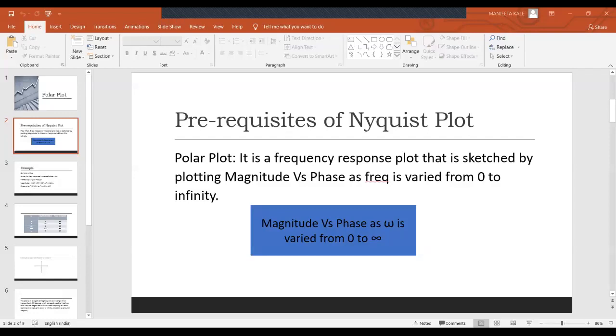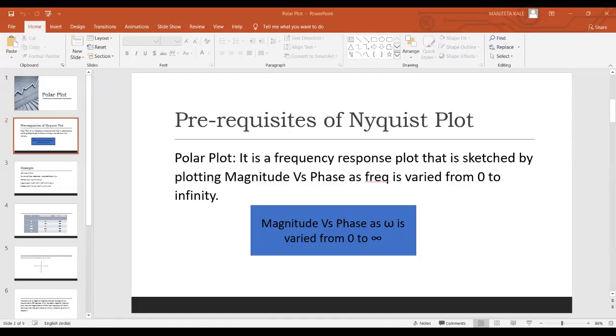Now, why is this polar plot called a prerequisite of the Nyquist plot? Because we are going to see how stability analysis is done with respect to the polar plot, how a few parameters are located and calculated, like gain margin, phase margin, gain crossover frequency, phase crossover frequency, and from that how to infer whether the system is stable or not.